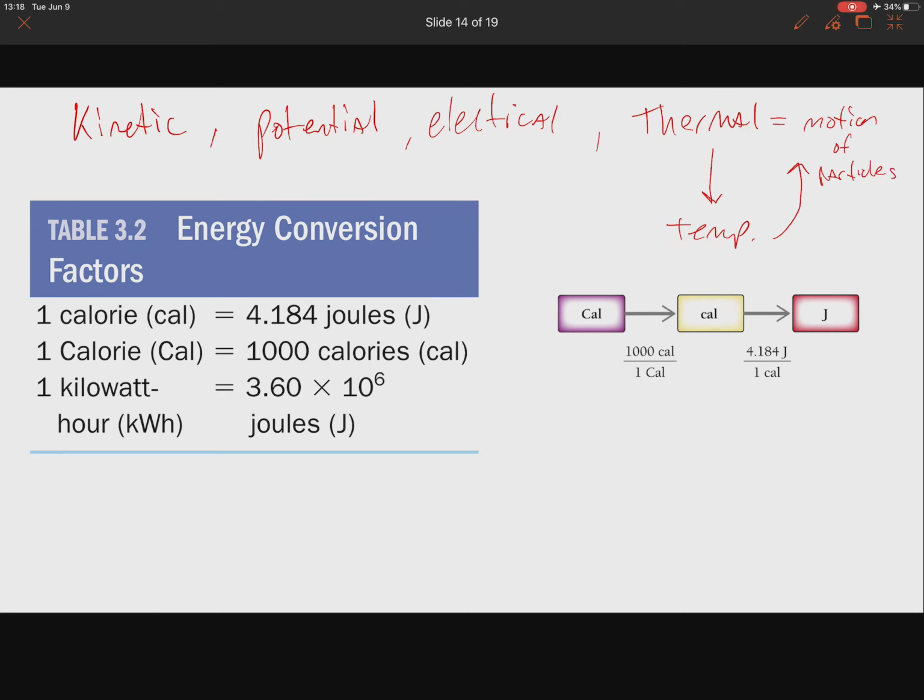You may think that temperature affects the motion of particles, but it's not. Temperature is a measure of the motion of particles. It makes sense, yes, if you make the temperature hotter, the particles move faster, but the only reason the temperature went up is because the energy we put in made the molecules move faster. The temperature isn't a thing, okay? Temperature is a reading.